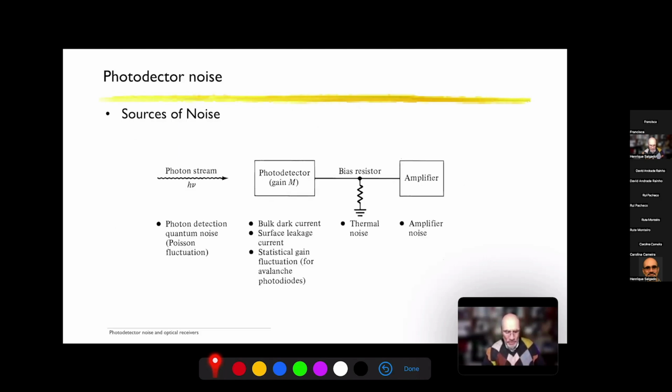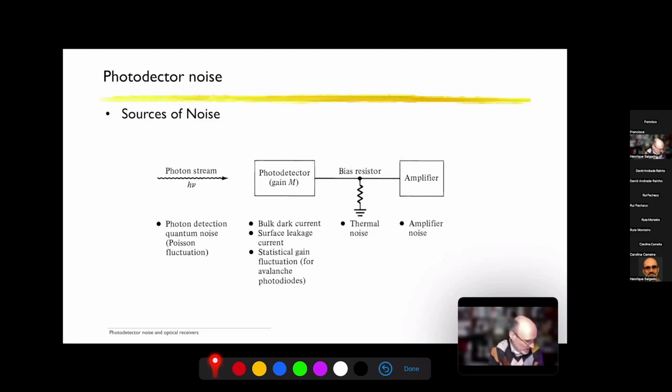And so now the question is, what are the sources of noise at the receiver? And this slide gives you a summary of all the sources of noise present at the optical receiver.